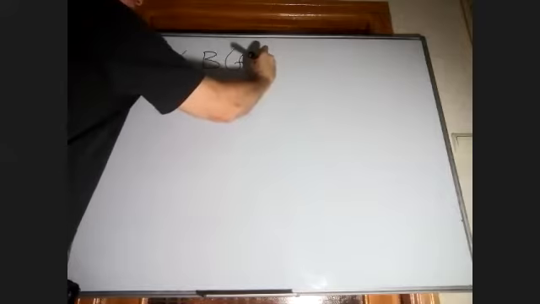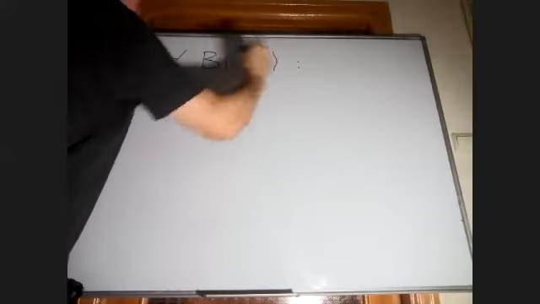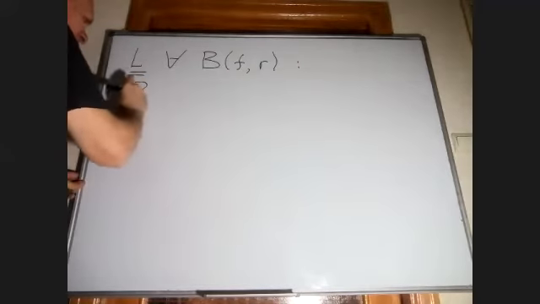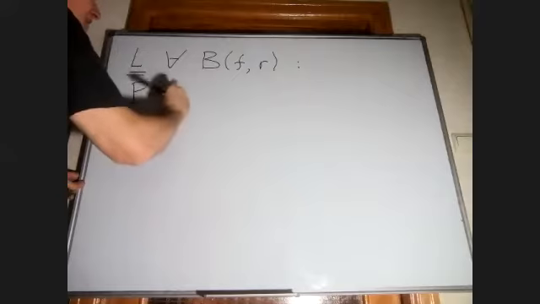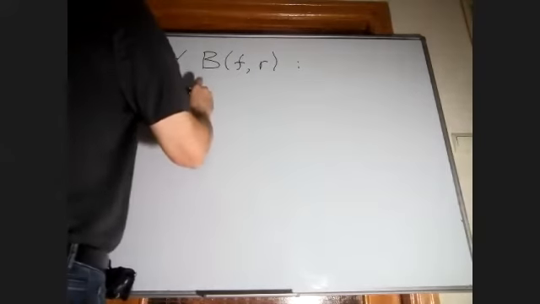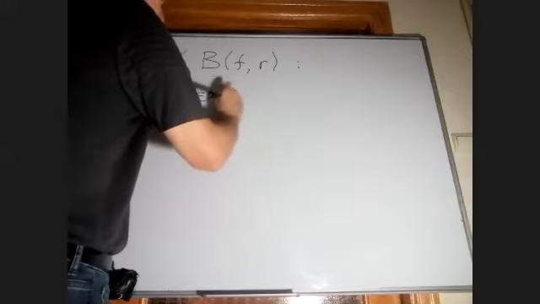For every such open ball B(f, r), the probability that the trajectory of W belongs to this ball is positive.